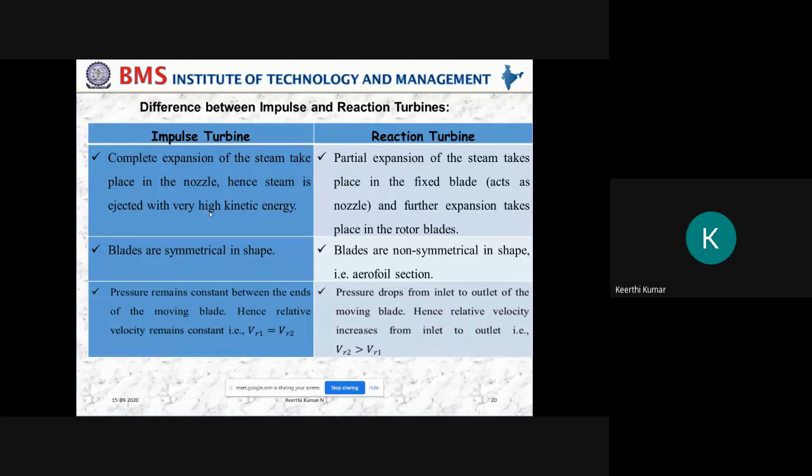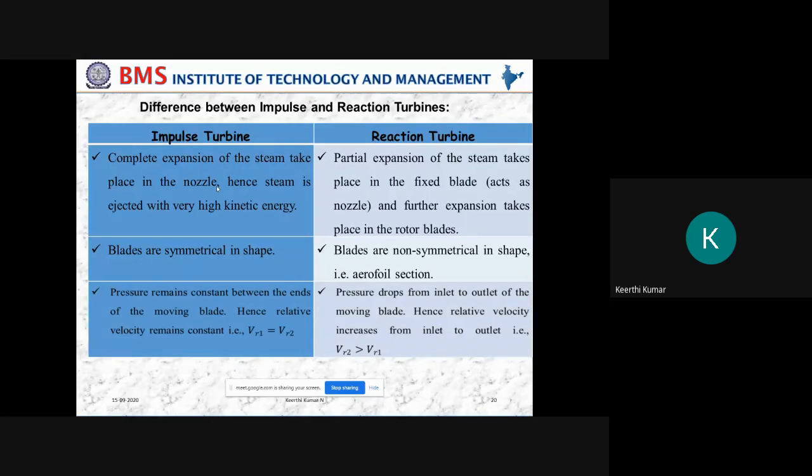See, in the impulse turbine, complete expansion. What do you mean by this expansion? Can you tell? Okay. In the impulse turbine, the complete expansion of the steam takes place in the nozzle.